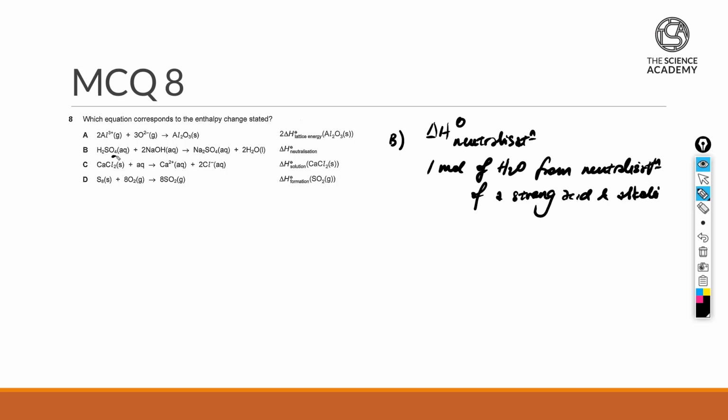So we do see sulfuric acid being a strong acid and sodium hydroxide being a strong alkali. However, this option B is wrong because the coefficient in front of water is actually 2 but not 1.